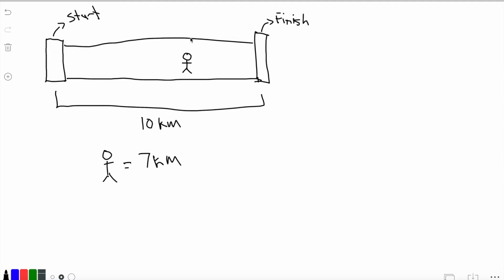So after 1 hour, our runner did not finish the race. Now let's consider a different situation. What if our runner, after 1 hour, was instead 11 kilometers from the start line? What that means is they're over here, and they have finished the race. So they're past the finish line.